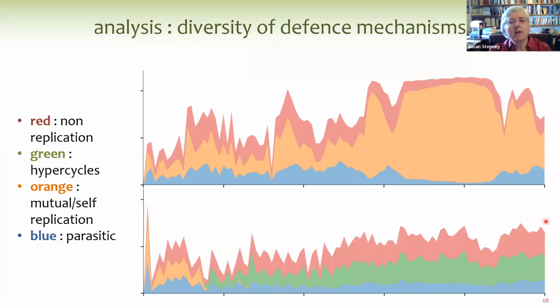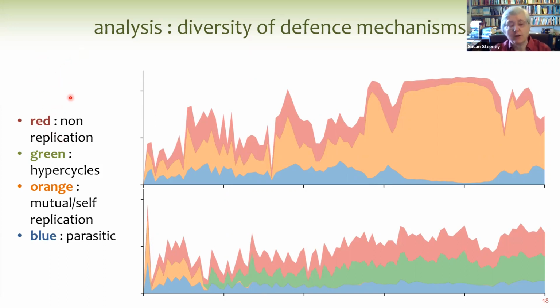Here's another plot. Now, the top is the run that I've been talking about all the time, and the bottom is a different run, just to show another difference that happened. So here, the color coding shows the number of strings in the population that are undergoing a particular class of reaction. So the red ones are non-replication reactions.